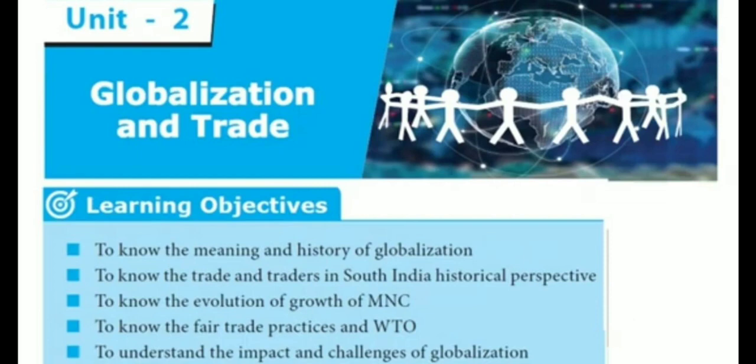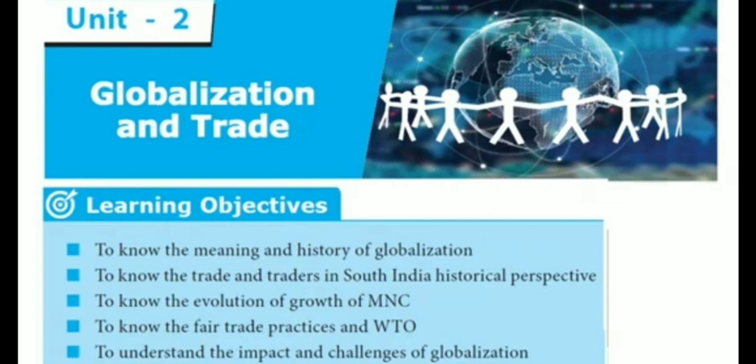Globalization is the process of integrating various economies of the world without creating any barriers in the free flow of goods and services, technology, capital, and even labor or human capital. Under globalization, the international market for goods and services are integrated.